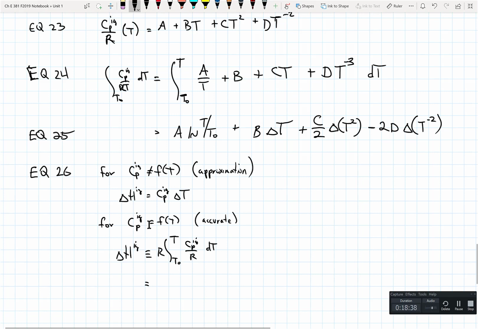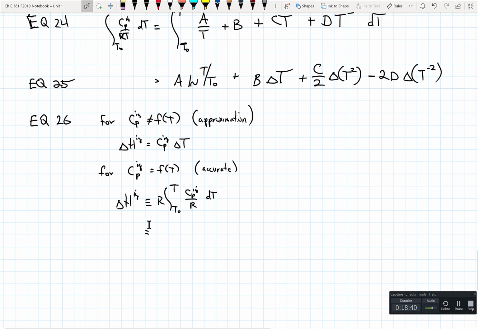But if you divide that by delta T and multiply it by delta T, what we get is the following. The integral from T0 to T of C_P^IG over R dT. There's the integral in the numerator.